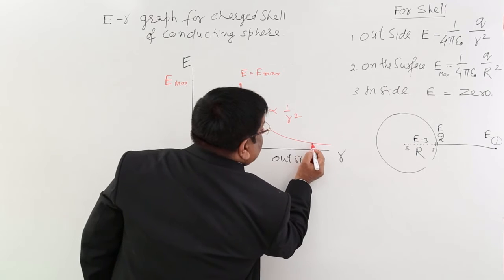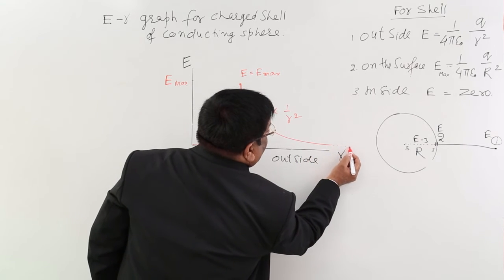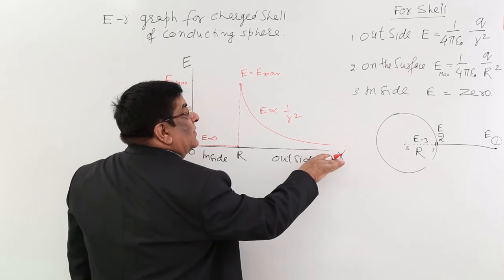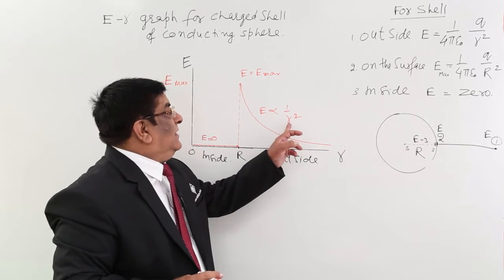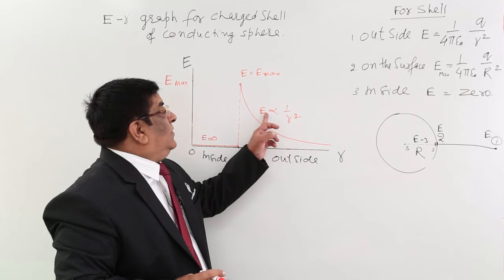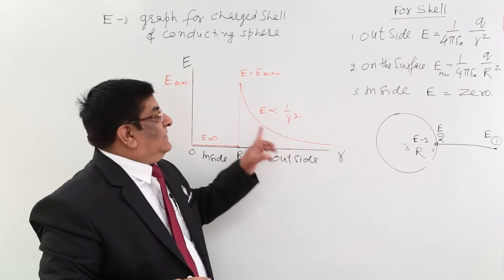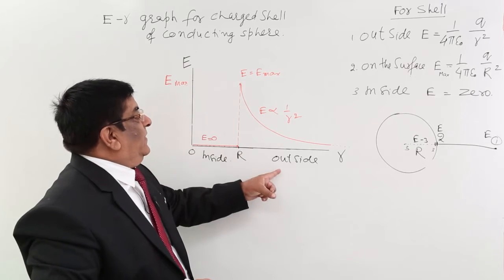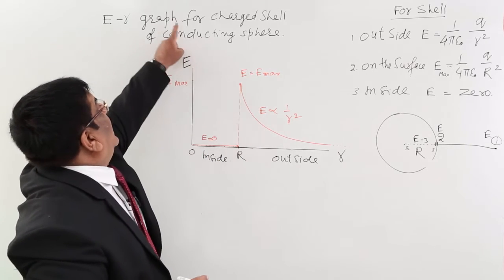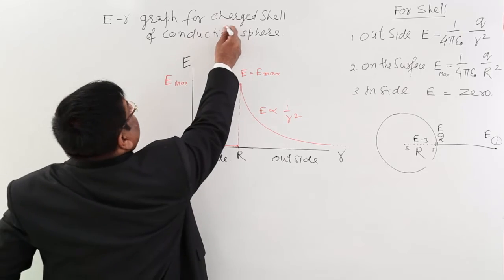So remember, this will always have a certain slope as if it is approaching 0. But in our diagram, it will never approach 0, because theoretically, E will approach 0 only when r is infinity. So we leave it like this. So this is our diagram for electric field versus distance for this particular case.